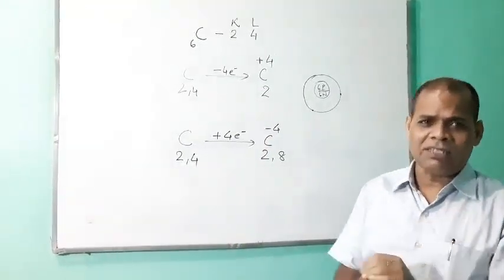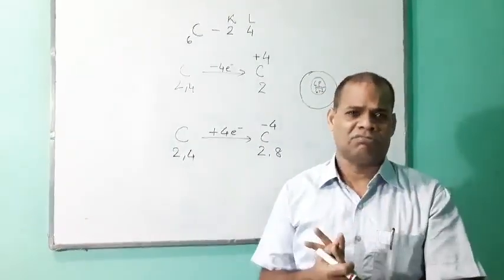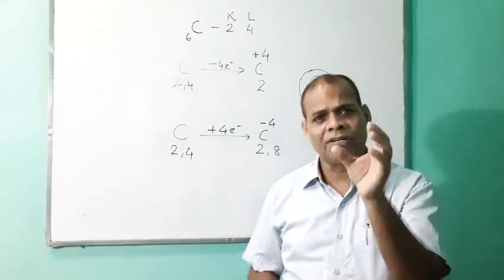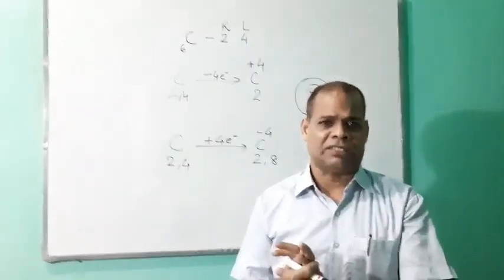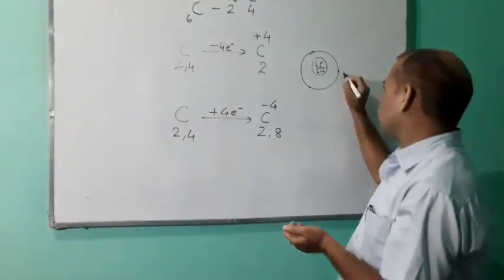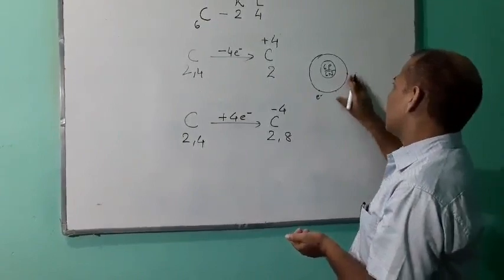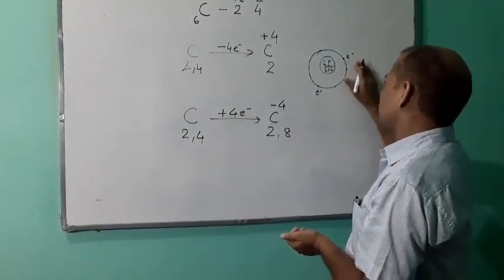Another reason is that carbon is very small in size. So when you add 4 more electrons in its outermost shell, there will be electron repulsion.